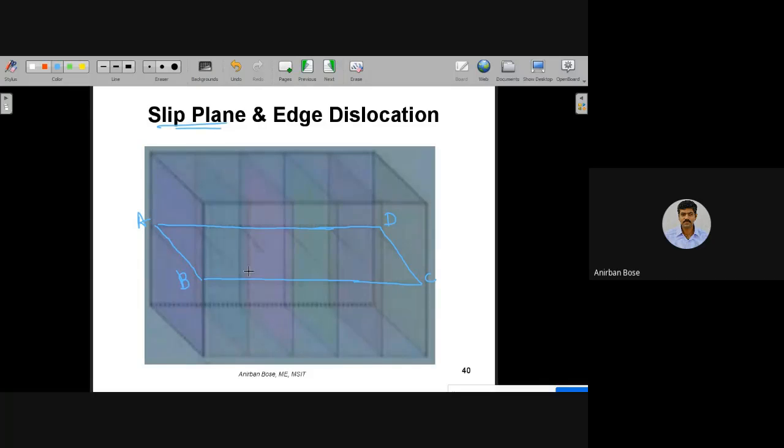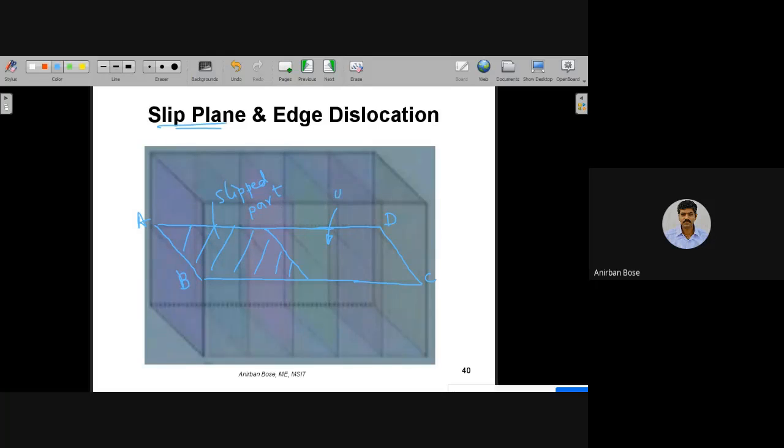Okay, and here you can see what we did actually. We cut it up to this much, and this part is basically the slipped part, and this part is the unslipped part. Why slipped part? Because these bonds were cut and this part actually moved forward or slipped over this plane.